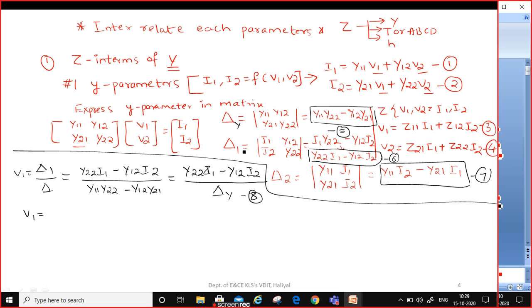It depends on your convention. So now if I write like this: y22 divided by delta y times I1 minus y12 divided by delta y times I2. Let me call this equation number 9.